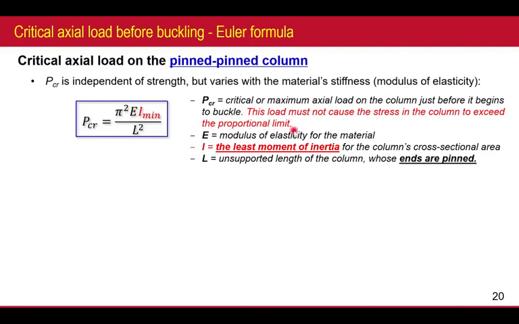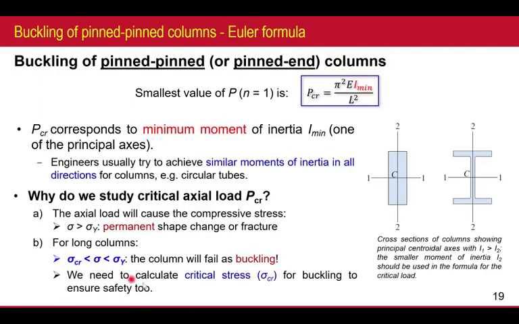PCR is the critical or maximum axial load on a column just before it begins to buckle. So I put text here: this load must not cause stress in the column to exceed the proportional limit. That means you must verify the results.